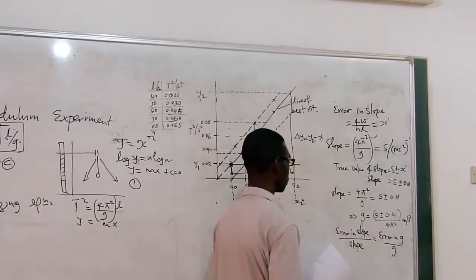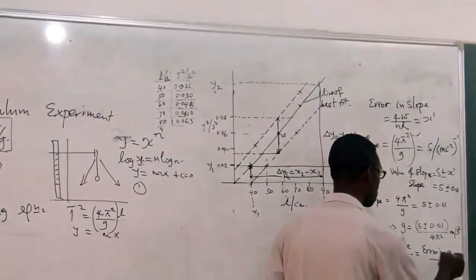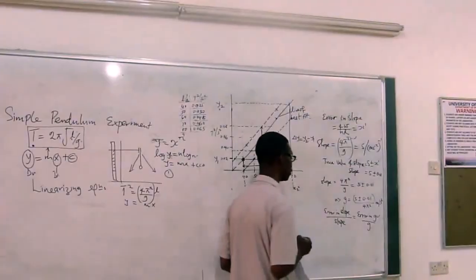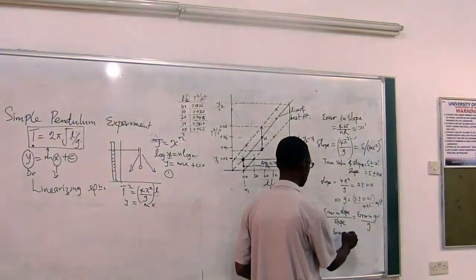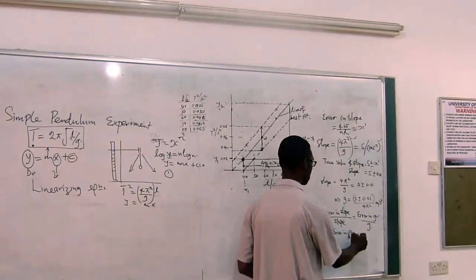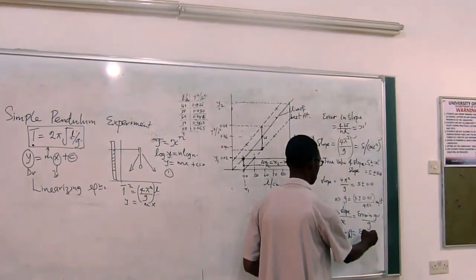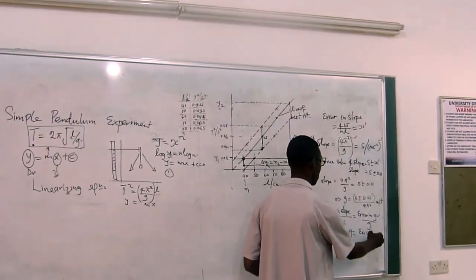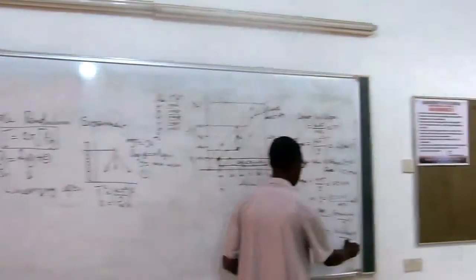So if you want to find the actual error in g, you can make that the subject of the formula. Error in g is error in slope times g over slope.